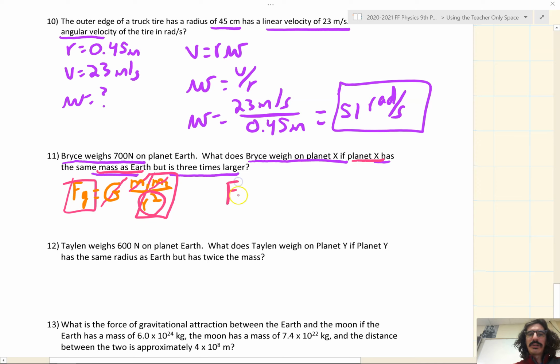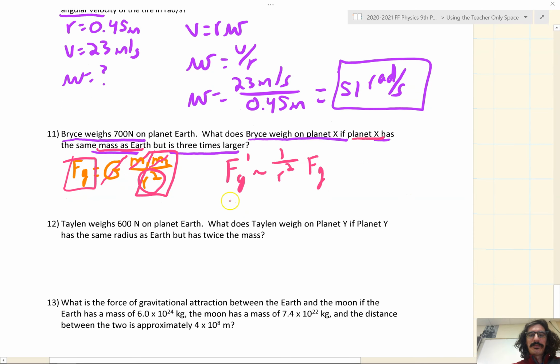So we could say Bryce's new weight, F sub g prime, is proportional to 1 over the distance between the center squared times whatever his old weight is. So Fg prime is proportional to 1 over, it's 3 times larger, gotta square it, times his original weight, which we could put as 700 newtons.